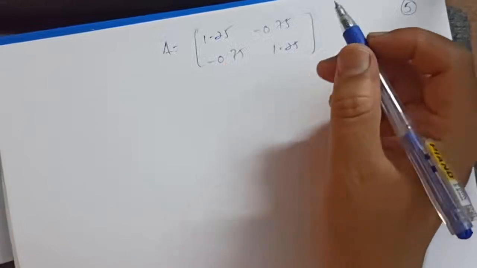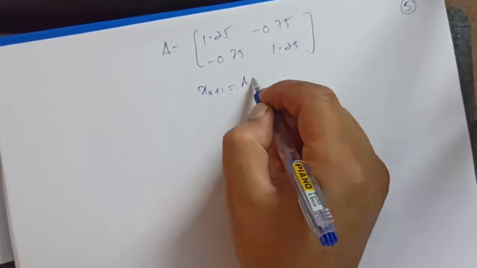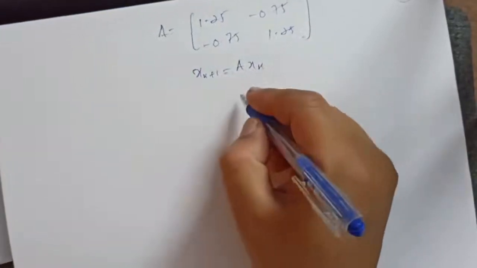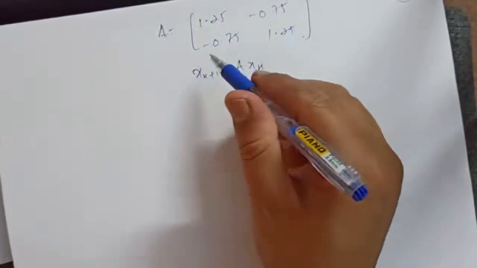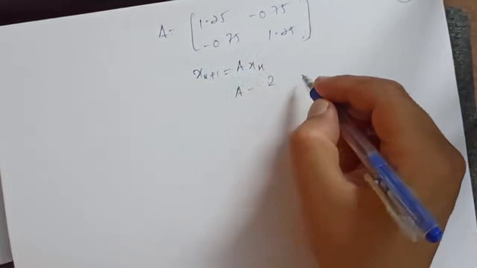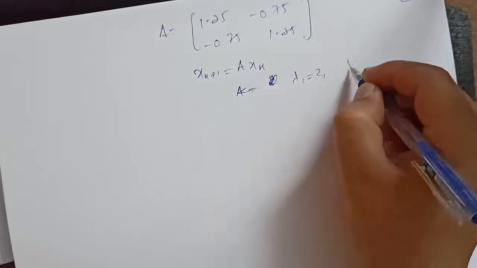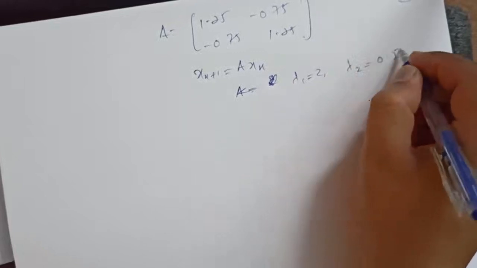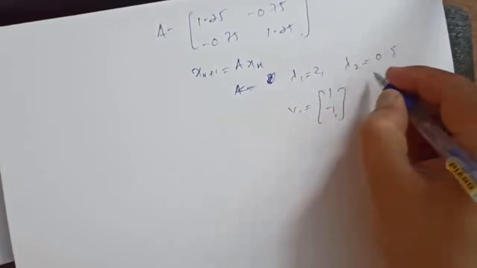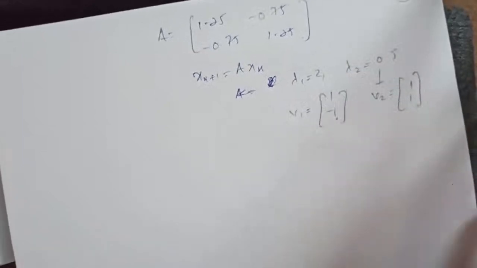Here we have x of k plus 1 is A times x of k. The eigenvalues of A in this case are quite simple: lambda 1 is equal to 2 and lambda 2 is equal to 0.5. The corresponding eigenvector is v1 equals 1 and minus 1. We know how to calculate those, so I don't need to repeat that again and again.